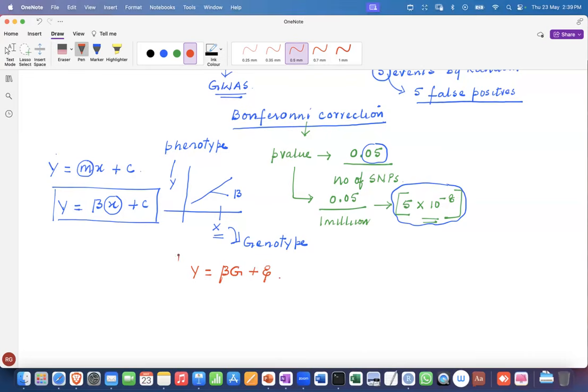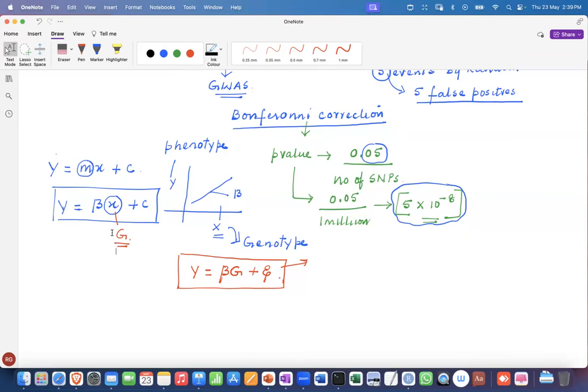So the basic equation that any GWAS would fulfill is this one. You have to clearly understand that this basic fundamental has come from the line we drew initially, taking the genotypes on the x-axis and the phenotypes on the y-axis. The only thing I've changed is that instead of x, I've put a G in the equation. Is that clear?